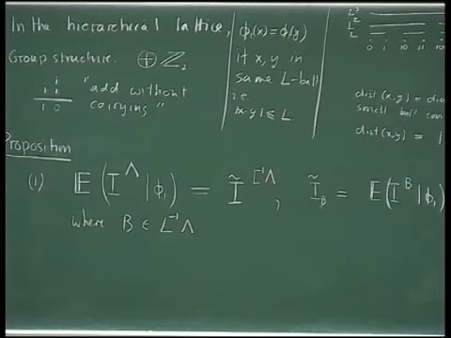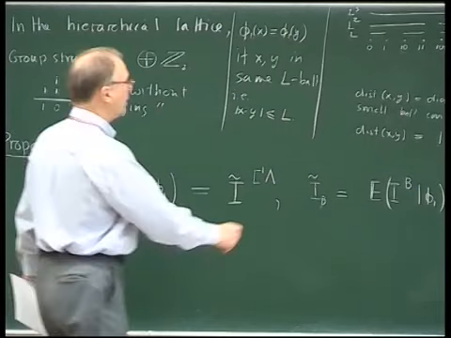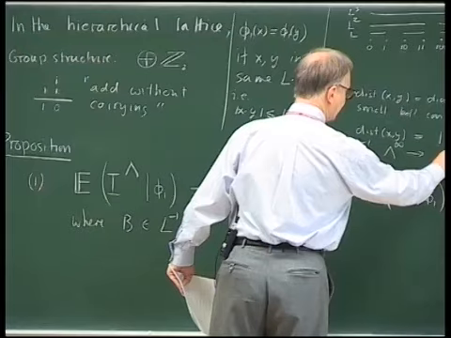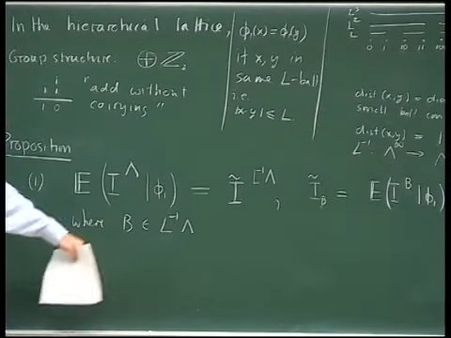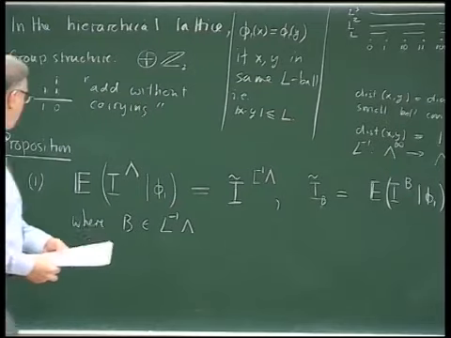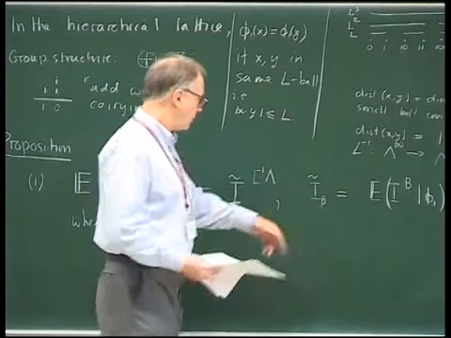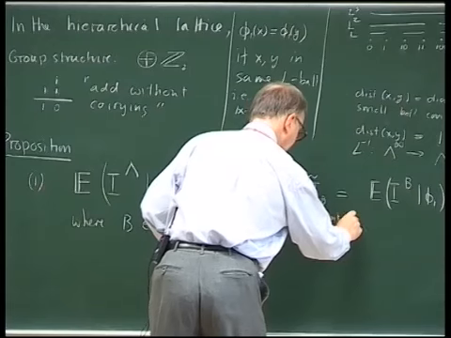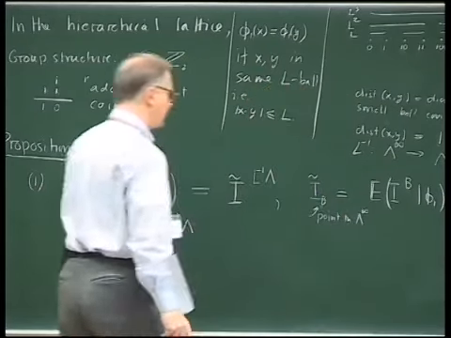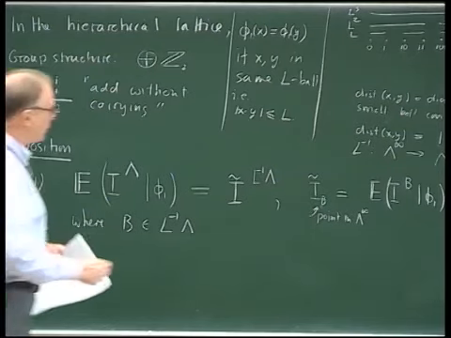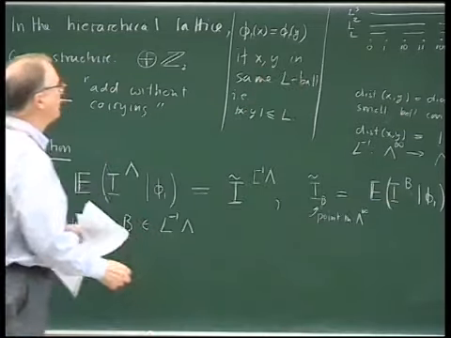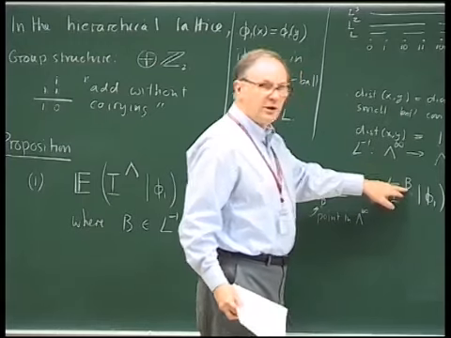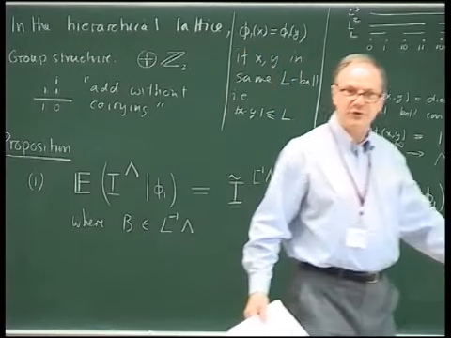Remembering that L inverse maps the hierarchical lattice into itself, b is simply a point, and that's the way you should understand what it means on this side of the equation. So it's a point or a site in L infinity. But on this side of the equation, I want you to remember that it came by contracting a ball. And so actually here it means the ball that you got by contracting it.